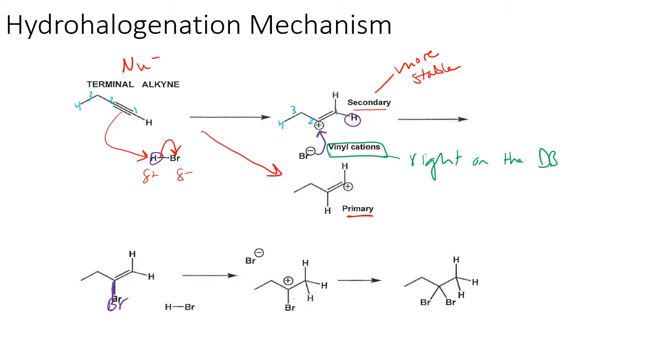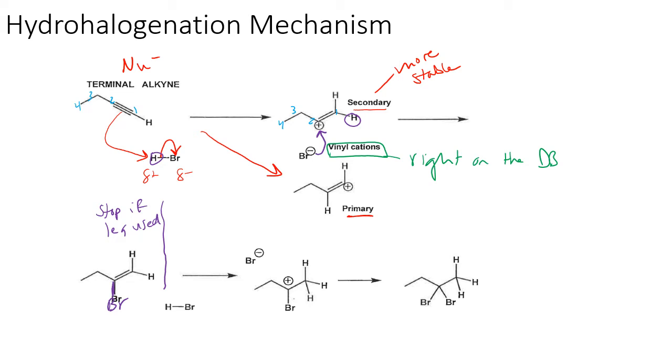Notice the alkene is still intact. And so we added a hydrogen and a bromine across our triple bond so far. This is where you would stop if 1 equivalent was used. The reaction would end right here with our alkene.